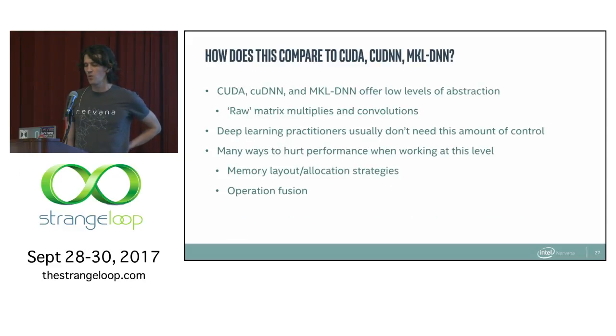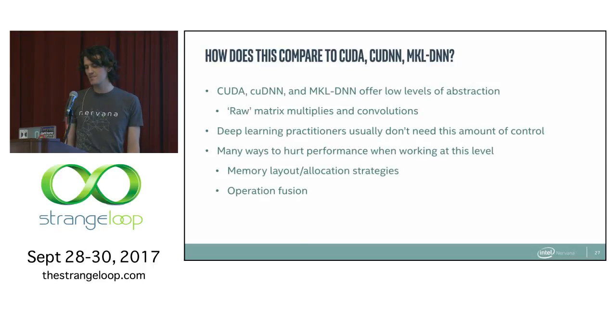So then, why would we develop this, and why wouldn't you just program directly in CUDA or cuDNN, which is a set of primitives for deep neural networks, or use something like MKLDNN if you're executing on the CPU? Well, if you've ever looked at these, they basically offer a very low level of abstraction. It's not something that you want to be programming in. You're confronted with a lot of raw matrix multiplications and convolutions.